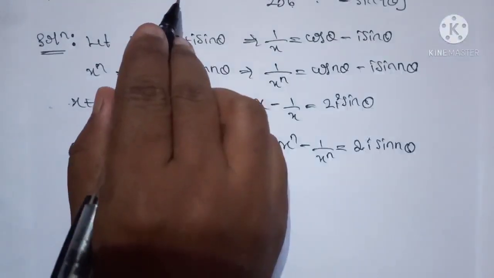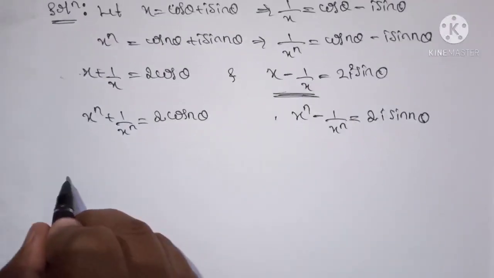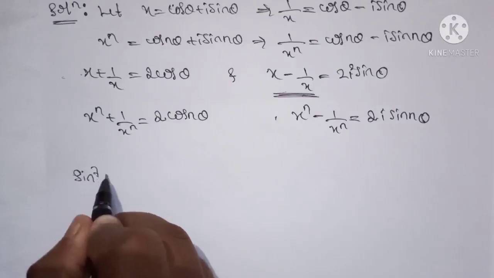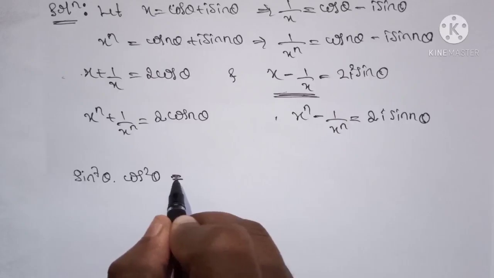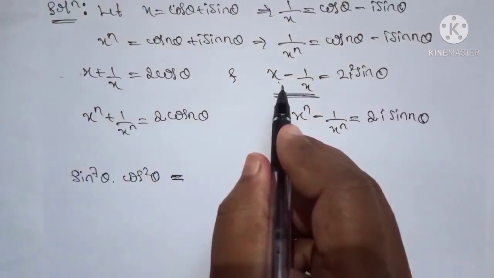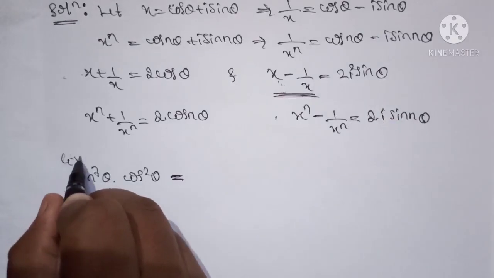Then here the first term is sine power 7 theta. Sine means we should consider this term. So that is sine power 7 theta cos square theta. Cos means 2i sine power 7 theta, so this is the given question.